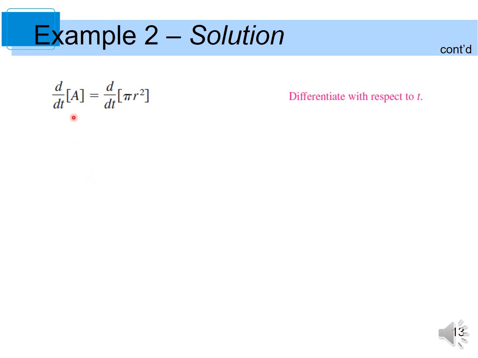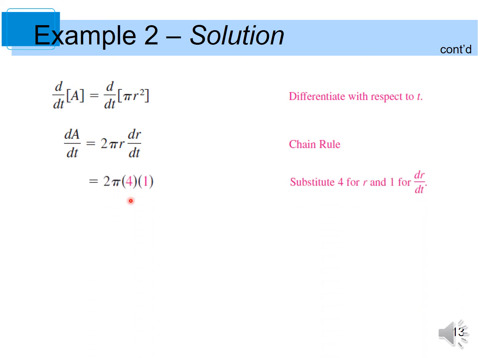Differentiate the equation with respect to t. We use the implicit derivative to get the dA/dt function.